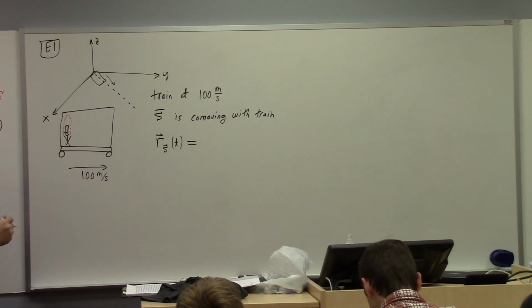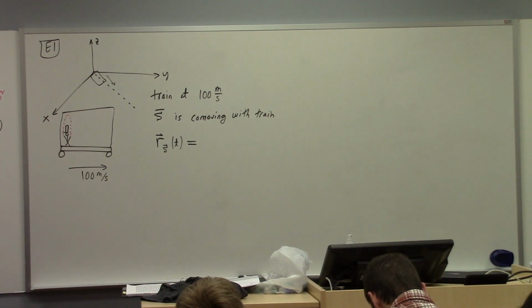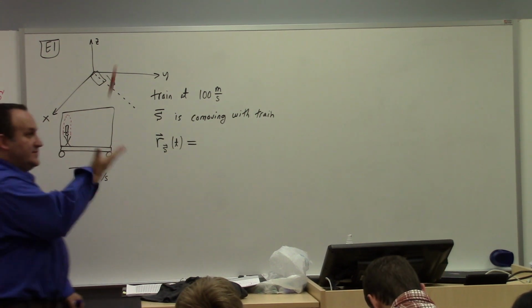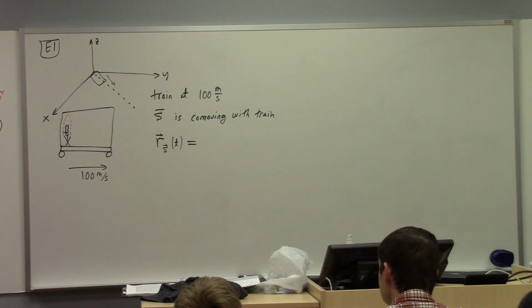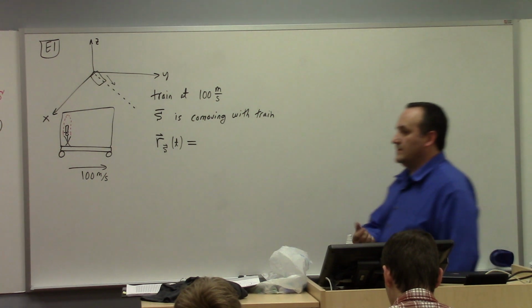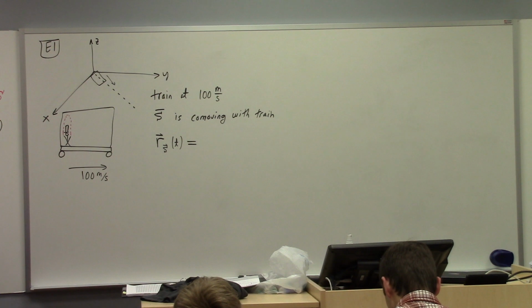Marker path. Just to illustrate what's going on, if I walk like this and toss something up, the marker comes back to where I threw it as long as I keep walking at a constant rate. So you try this. If you toss a ball straight up and walk at a constant rate, the ball comes back to your hand where you threw it from.